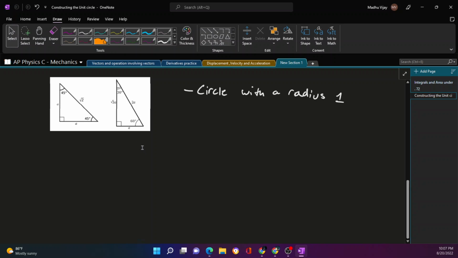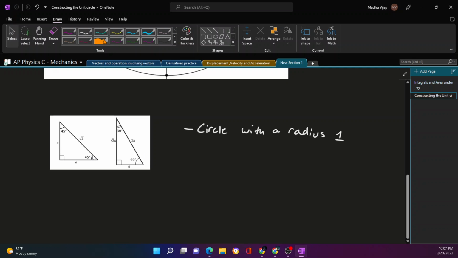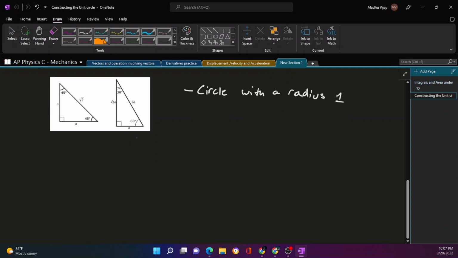That's something we know. Now, if we were to look at these values here, let me use a better color. These values here are very important. These side lengths for the special right triangles are how we are going to find a lot of the information needed for the unit circle.